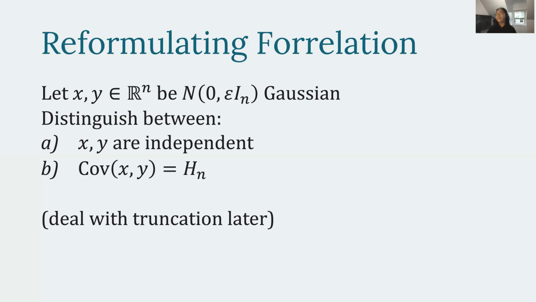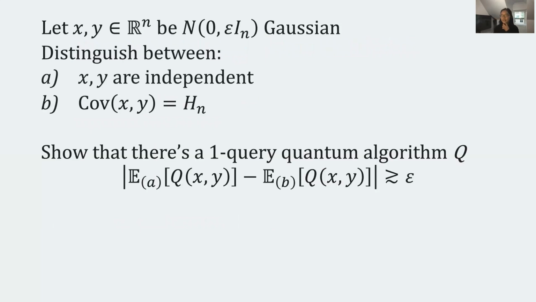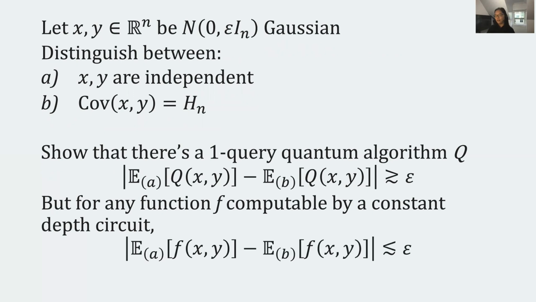So this is the Gaussian form of correlation. Now the problem is to show that there's a one-query quantum algorithm such that the expectations under distributions A and B differ by more than some constant, but for any function computable by a constant depth circuit, the expectations differ by less, let's say a quarter times the same constant.